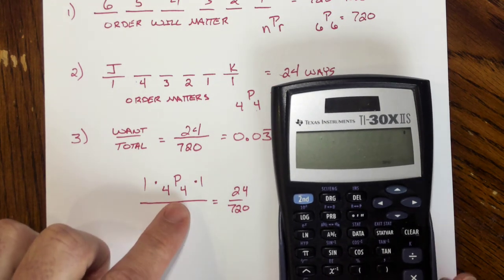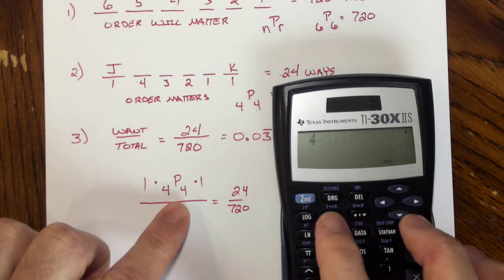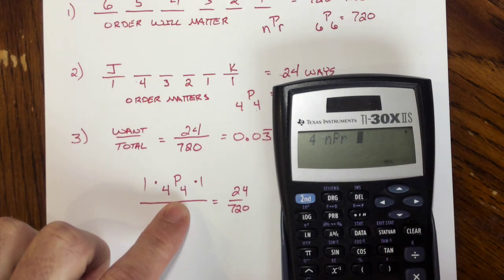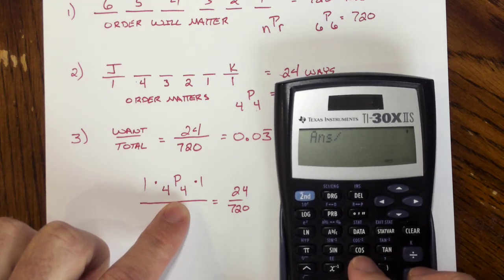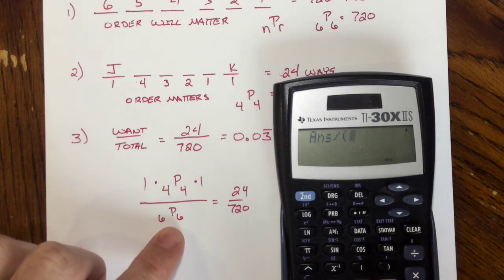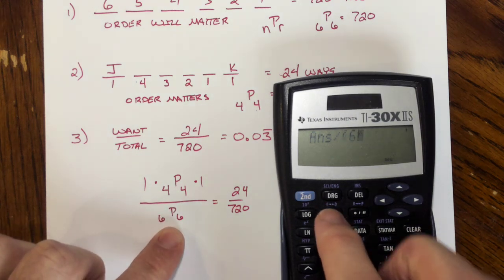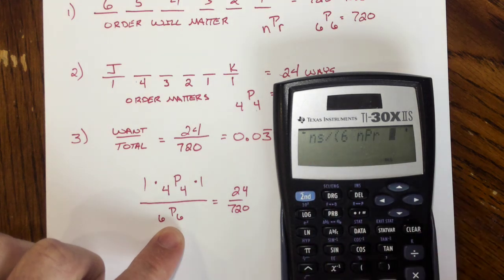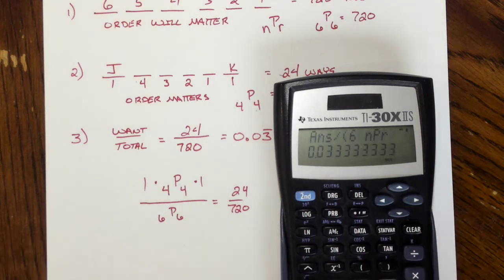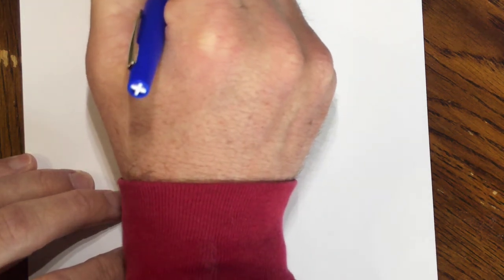So our numerator, we needed 4 permutation 4, equals, divided by, I'm going to put parentheses in it just to make sure, 6 permutation again, 6, close my parentheses, and there's our repeating decimal that we got. I'll do one more example for now, and then I still have one more to go, so I'll load that up a little bit later today, though.